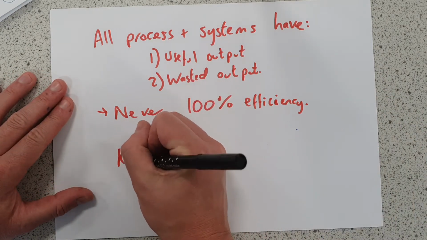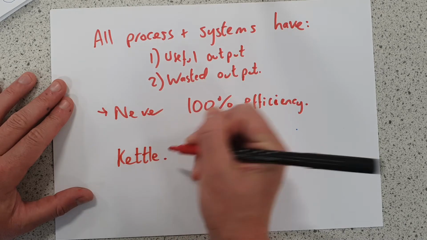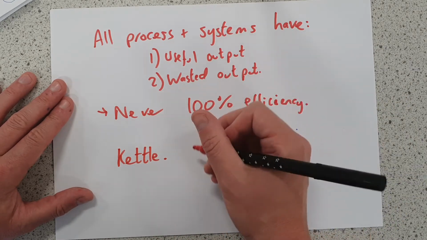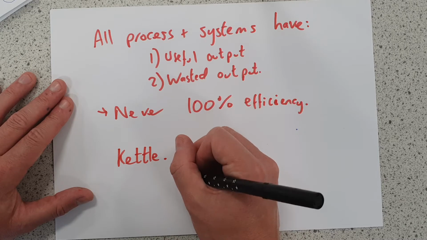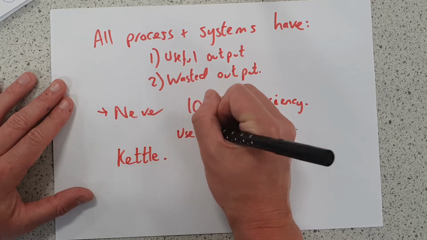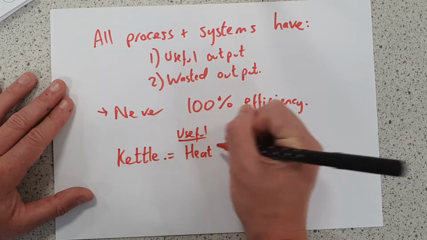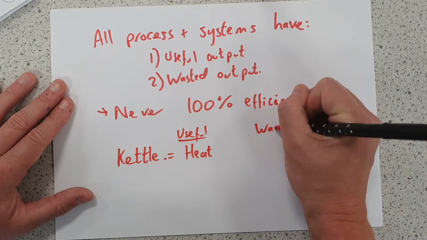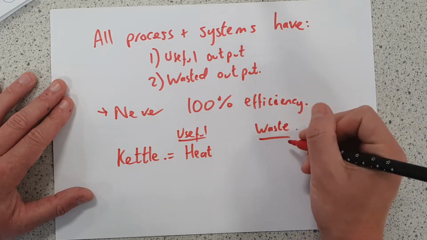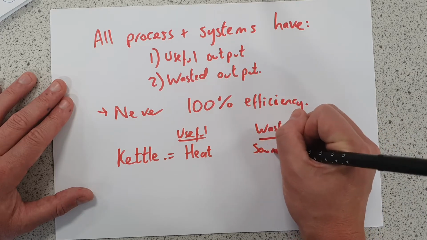So if we look at a kettle, it has an input of electrical energy, and its useful output in this case is going to be the heat that's put into the water, and the waste in this case is going to be any sound.